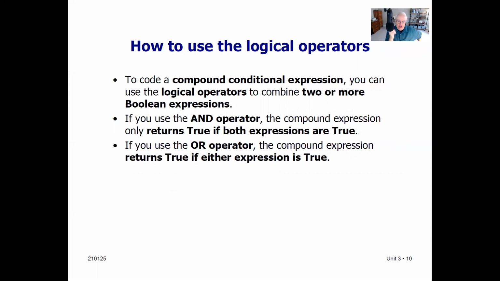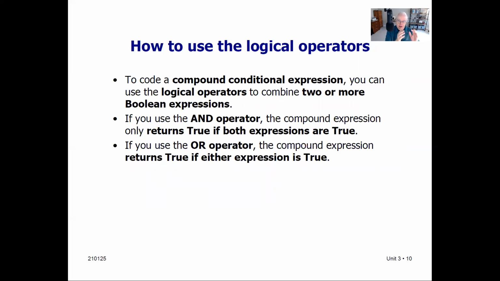And so just realize we are compounding a conditional expression. That means we have to have two, it's weird, it's backwards, two or more. Well, we're going to see examples of more, but let's just start off with two. So in an and situation, when you're using an and compound expression, both of the expressions have to be true.